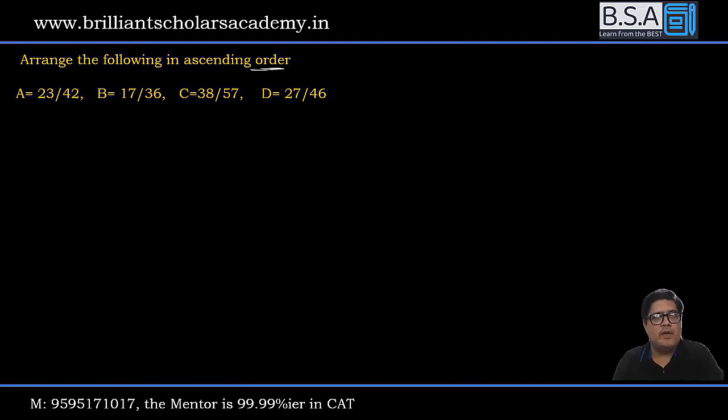In all questions of ascending, descending, first you notice you start with the smallest number that you see. 17 by 36. Forget their name for the time being. 23 by 42. 27 by 46. 38 by 57.